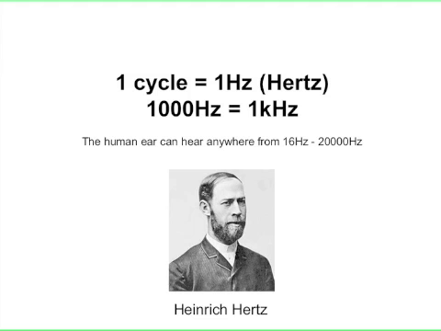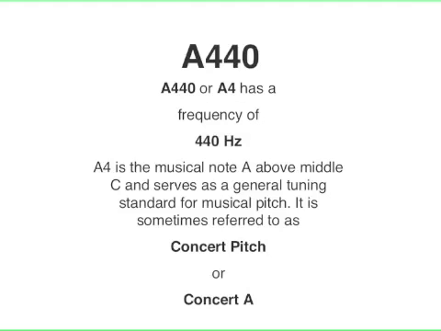Hertz is named after the gentleman who made this discovery back in the 1800s, Heinrich Hertz. So one cycle per second is equal to 1 hertz. From now on, when we talk about frequency, we'll be talking about hertz. We won't call it cycles, we'll call it hertz.